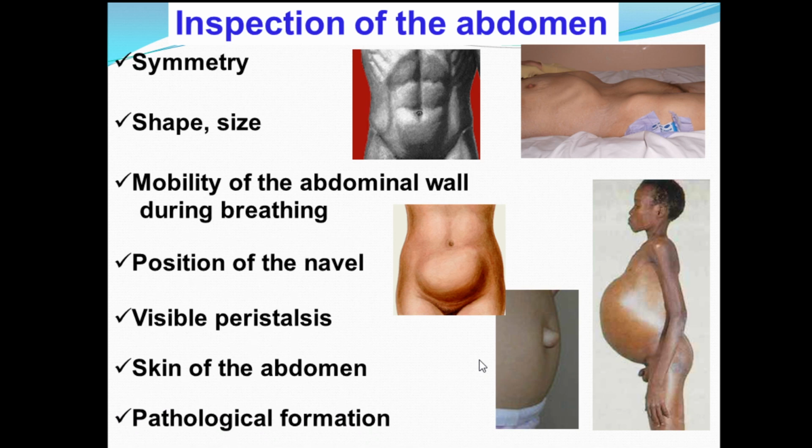You will have full information about abdomen inspection when we talk about pathology of the digestive system, and I'll give you full characteristics of every element. Now I'll give you only a superficial characteristic.